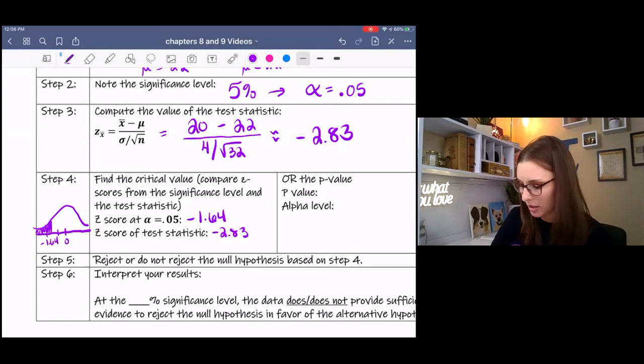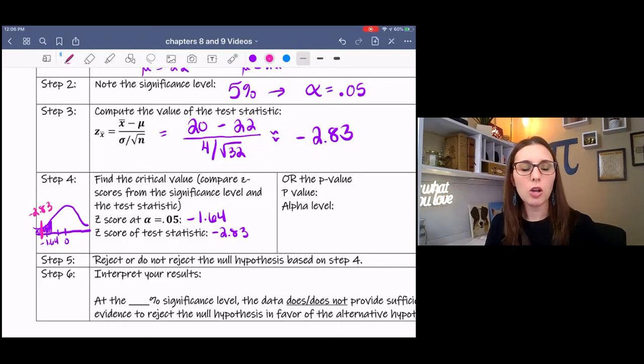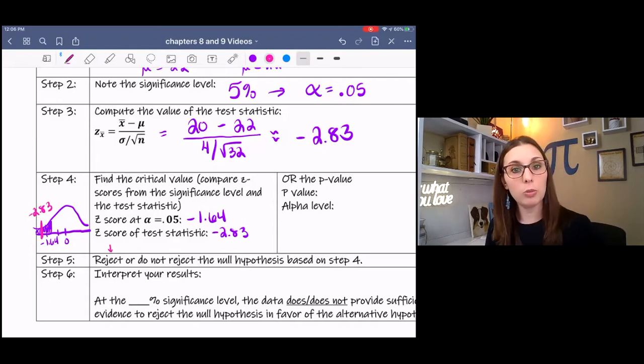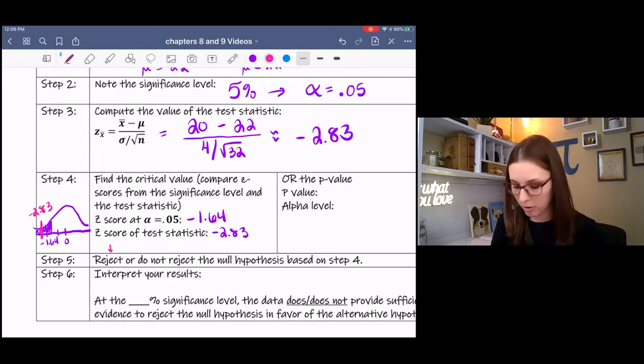And then my test statistic is over here-ish, I'm estimating. So that puts it securely in the rejection region. So I'm going to tentatively say that we're going to reject, but I'm going to do the p-value approach also just to kind of show both.